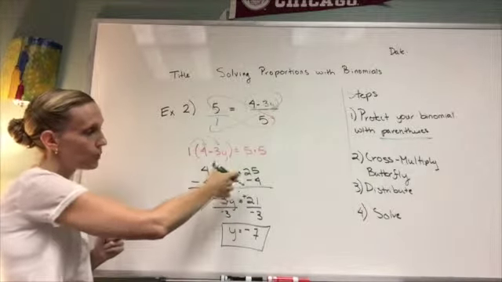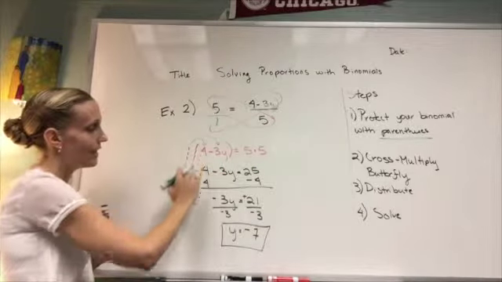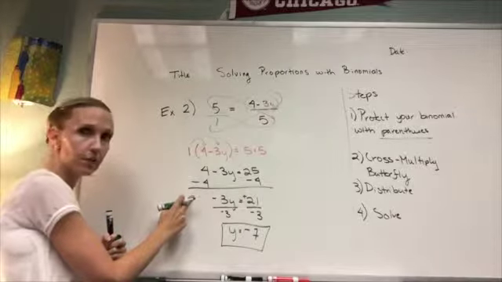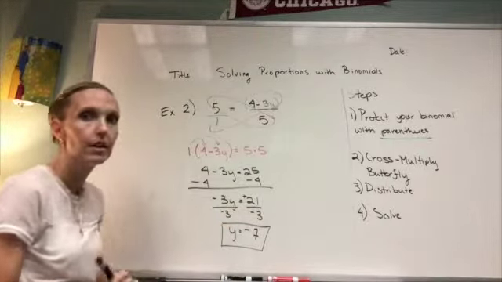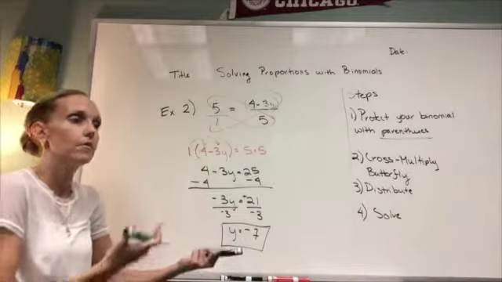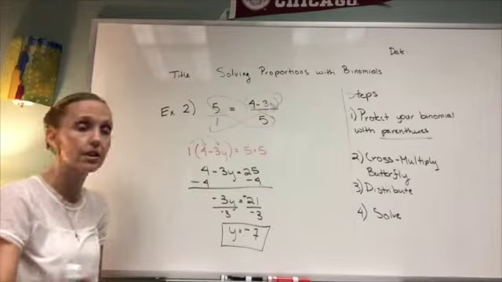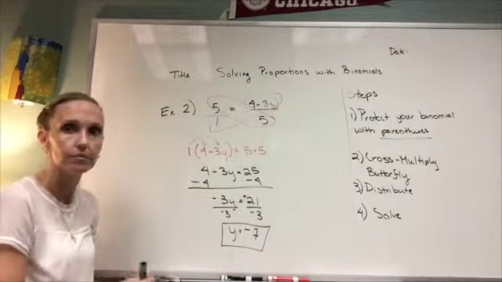Since my variables were together on the left, I moved my numbers to the right and I did the opposite. So since this is positive, I subtracted 4, which gave me negative 3y equals positive 21. What was bothering the y? The negative 3. So you divide, because you always do the opposite. You divide by the negative 3, and I got y to equal negative 7.